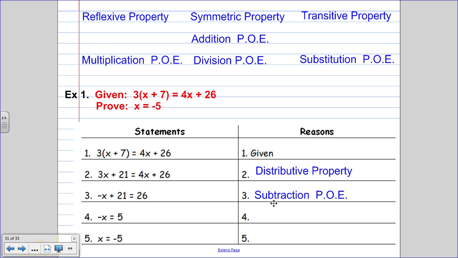Now the equation is negative x plus 21 equals 26. So again, I'm still trying to isolate x. So what next? Subtract 21 from both sides. And thus I would have negative x equals 5. So again, I use the subtraction property.